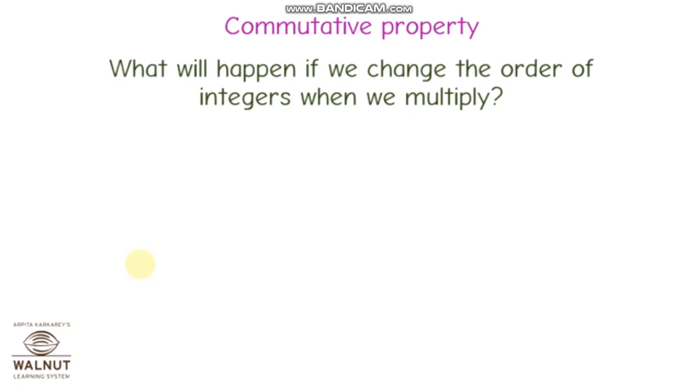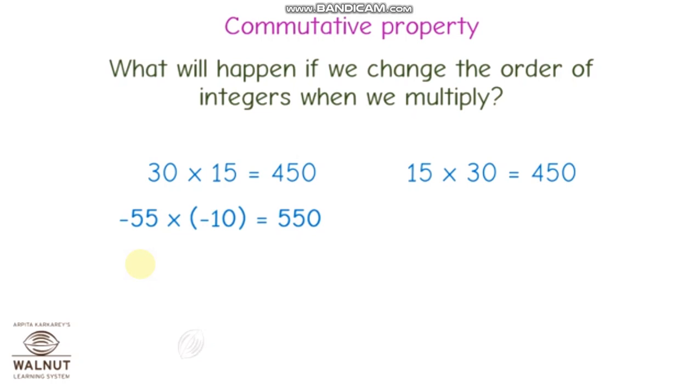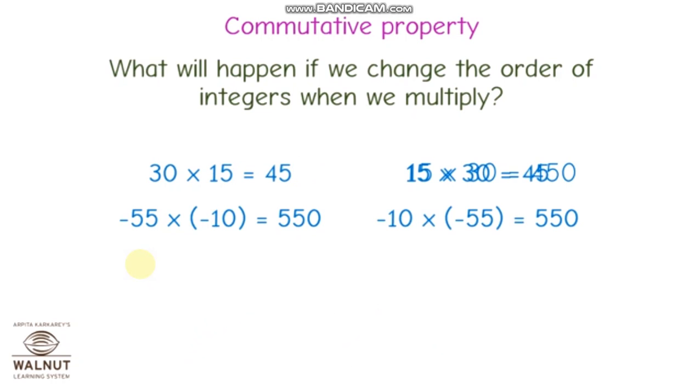Next we move on to the commutative property. We already discussed the commutative property in addition. When we change the order of integers and multiply, what will happen? For example, 30 into 15 is equal to 450, and again 15 into 30 is equal to 450. a into b is equal to b into a. Again with negative numbers: minus 55 into minus 10 is 550, same as minus 10 into minus 55, which is 550.